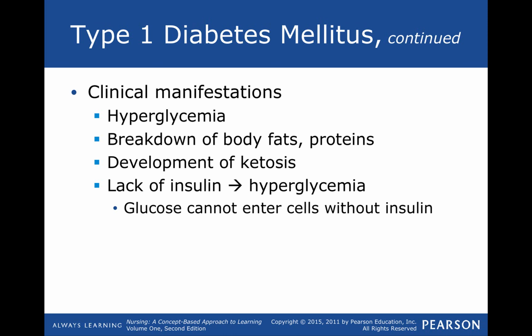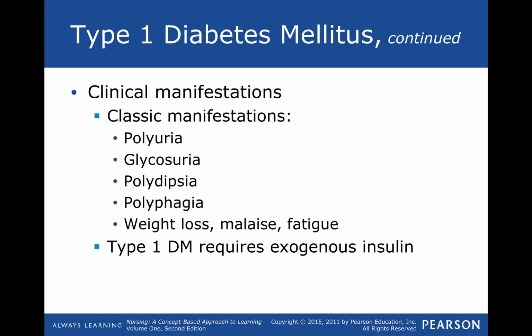It puts a stress on the kidneys and all the other body systems that are having to circulate this blood flow. So lack of insulin is hyperglycemia. Glucose cannot enter the cells without insulin, and that sugar has to get into the cells in order to feed my cells. So that is a problem.